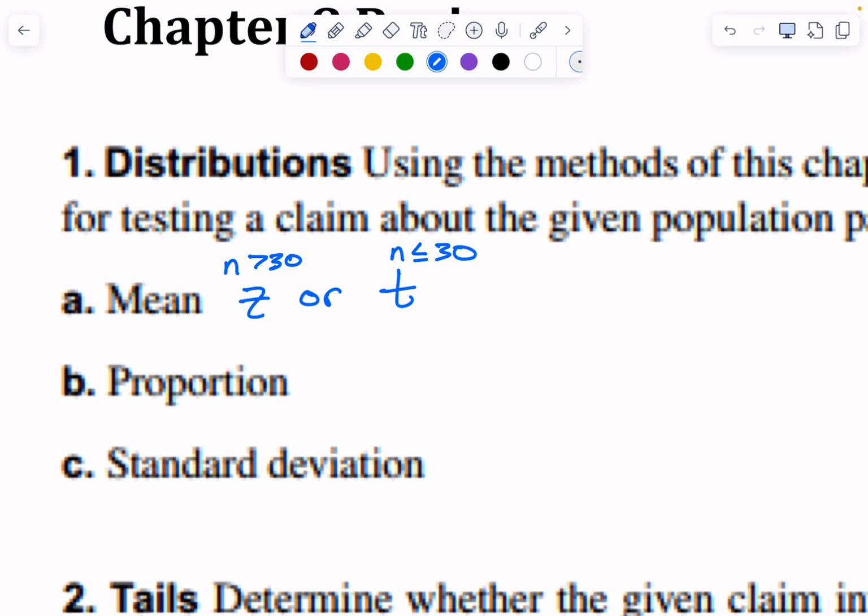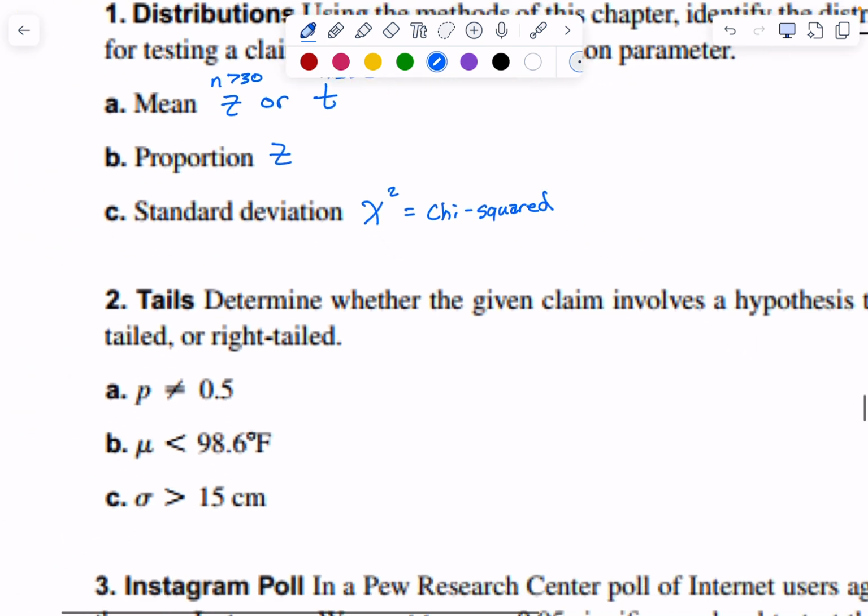If you're doing a proportion, which one? Z. If you're doing a standard deviation, you use the chi-squared. Got it? There you go. Good? Great.